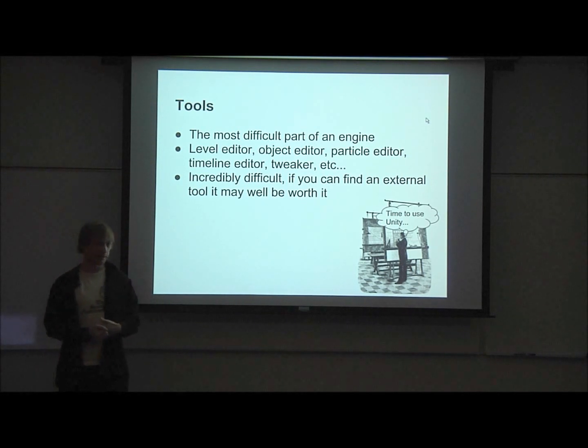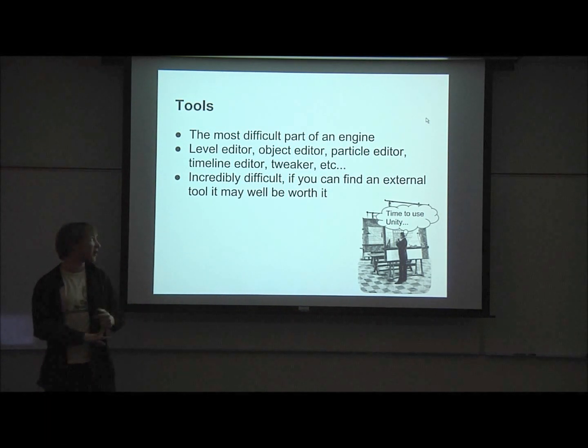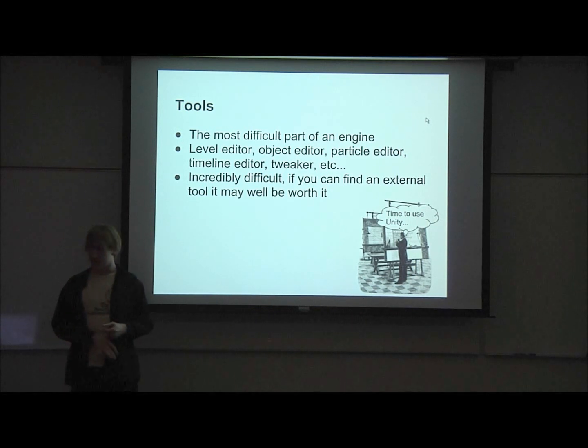So when you're doing architecture, it's good to realize that the biggest part of the engine is the tools. It's also the most difficult part of the engine. We're talking about a level editor, object editor, particle editor, timeline editor, tweaker. These are incredibly difficult, incredibly time-consuming.